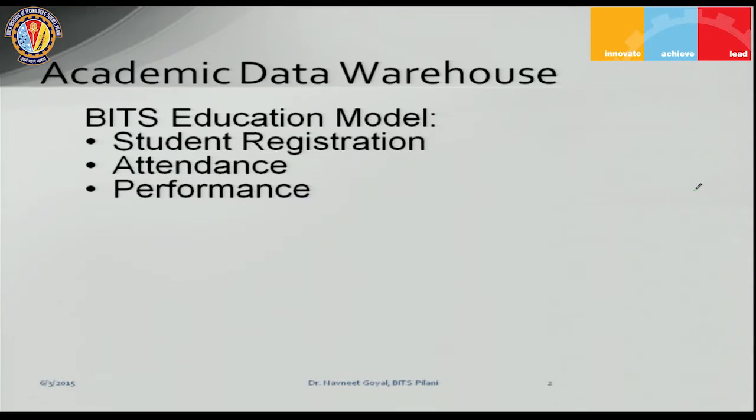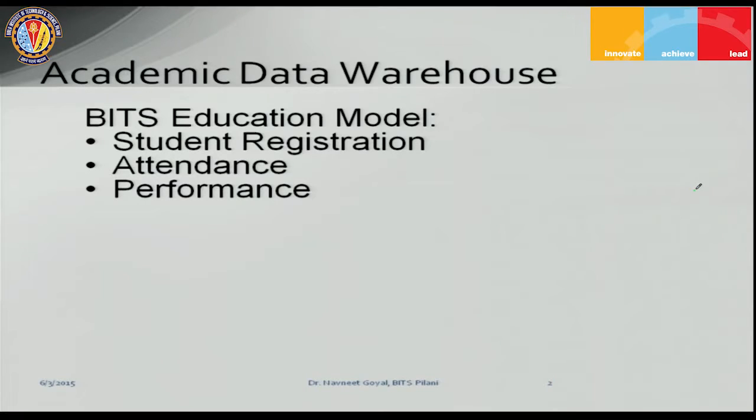Then we have the second process, which we call the attendance process. Here we try to record the attendance of all the students who are coming to classes. So any student entering the classroom is counted. And third is performance, like what kind of grades or what kind of CGPA you are maintaining at the end of the semester or at the end of the program.